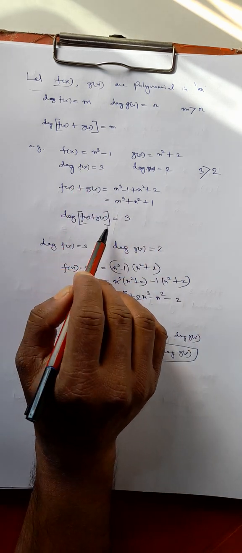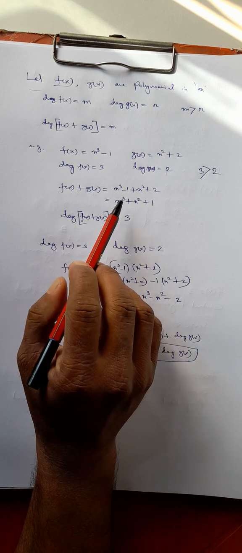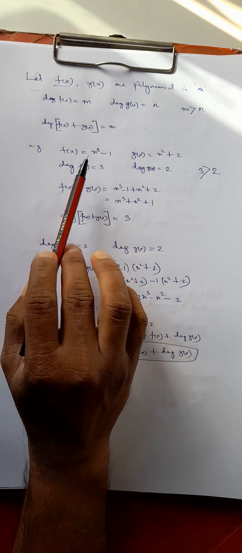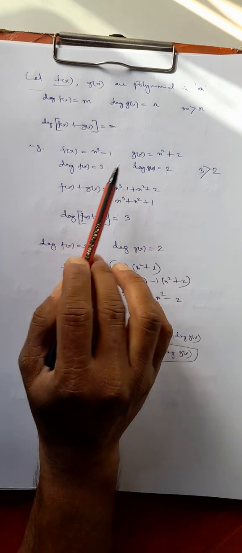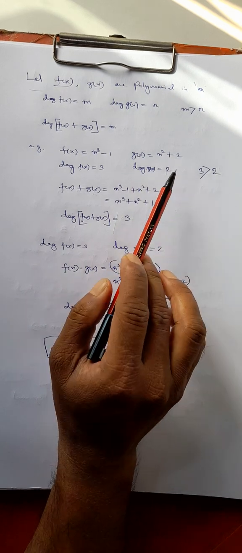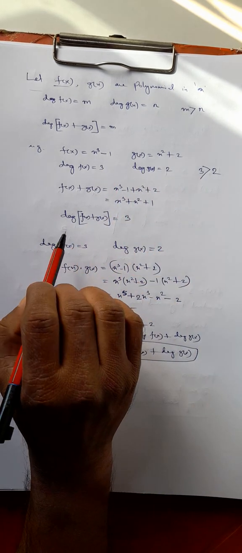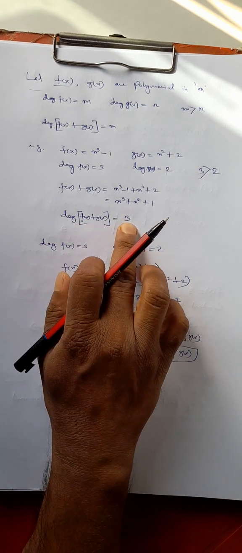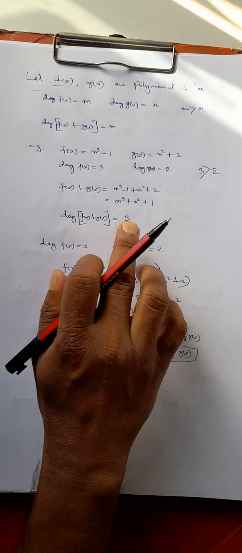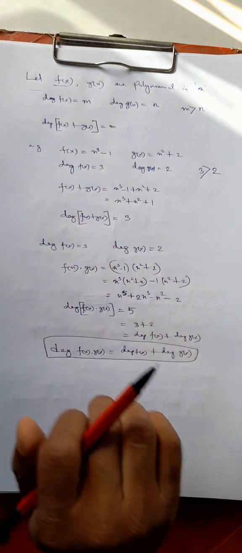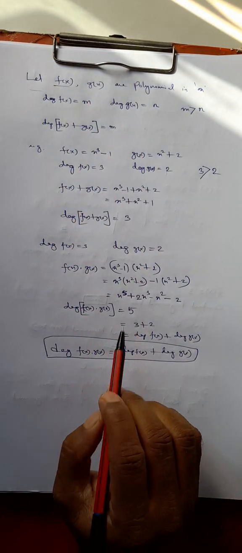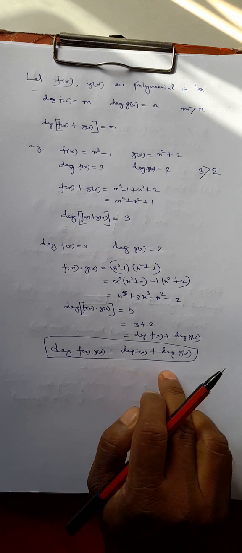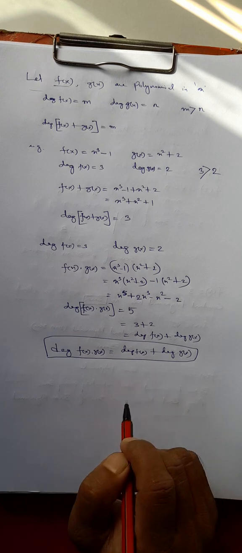Here f(x) equal to x cube minus 1, degree is 3, g(x) equal to x square plus 1, degree is 2, 3 is greater than 2, therefore the degree of the sum of f(x) and g(x) is 3, the degree of the polynomial with larger degree. In case of product, the degree of the product of two polynomials will be the sum of their degrees, right?